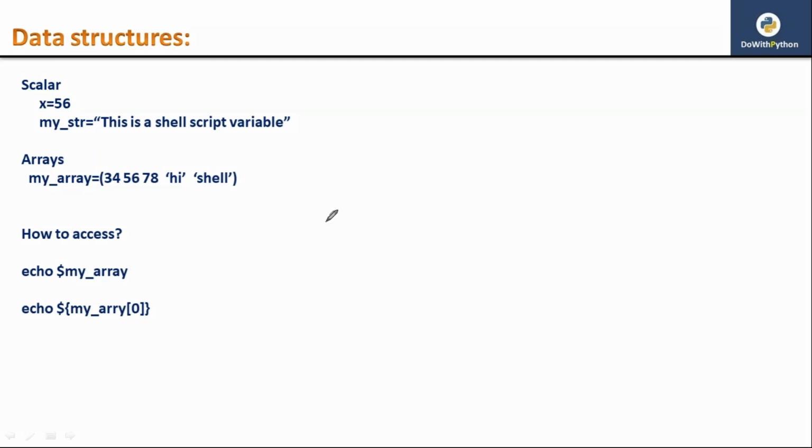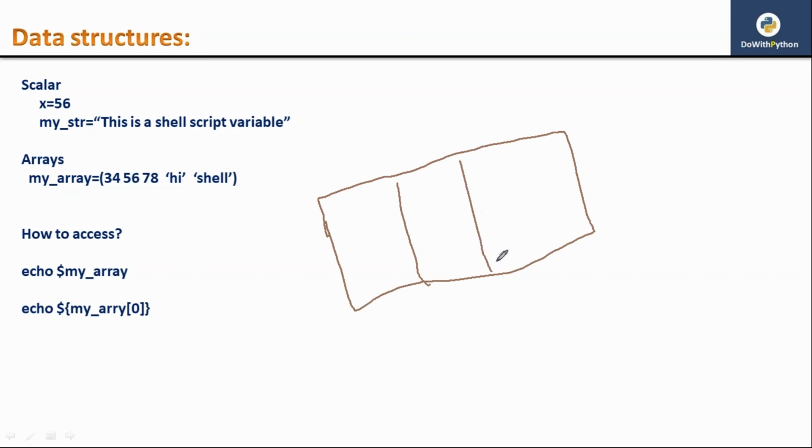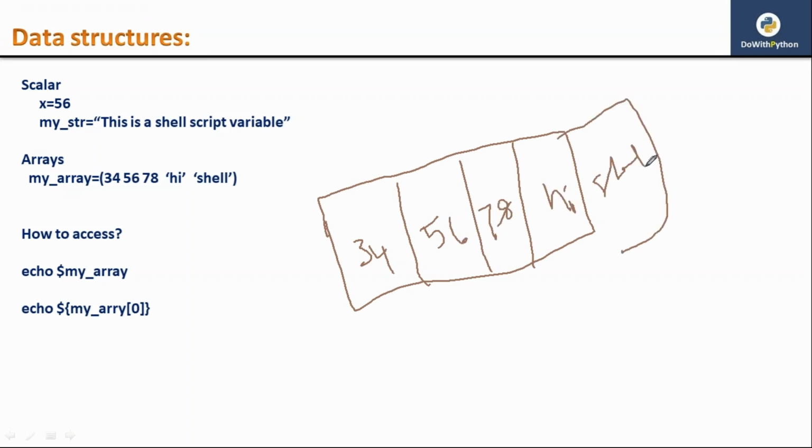And generally in arrays, lists or tuples, just assume your data is stored like this: first value is 34, second value is 56, then 78, then high, then shell. And these positions are the 0th position, first position, second position, third position, fourth position.